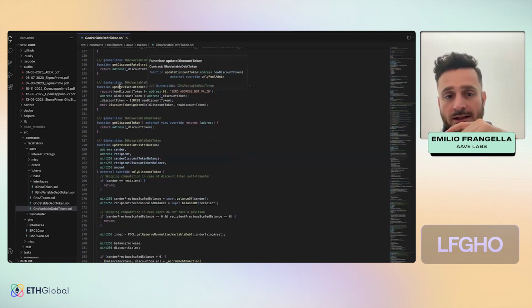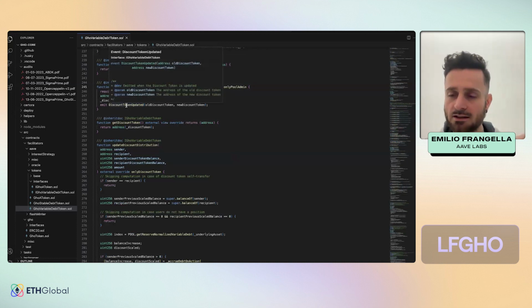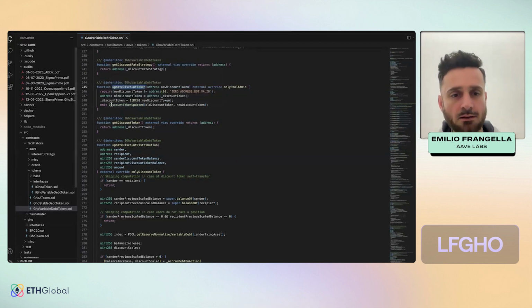It also keeps track of the token that makes you eligible for a discount. In this case, it is stkAAVE, which is the token that is minted when someone supplies to the safety module. So this address in production is the address of stkAAVE.